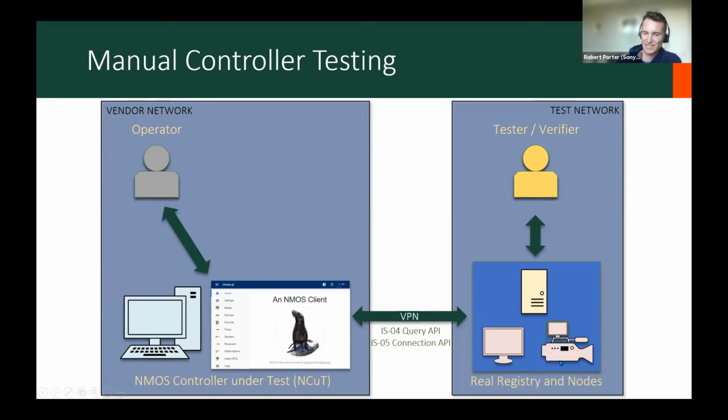And the test team in Canada then instructed the vendor over a Zoom call to perform various operations using their controller. And then the test team verified that these were all done correctly. A separate call had to be set up for each vendor. And as you can imagine, the process was pretty demanding on resources and time for everyone involved.